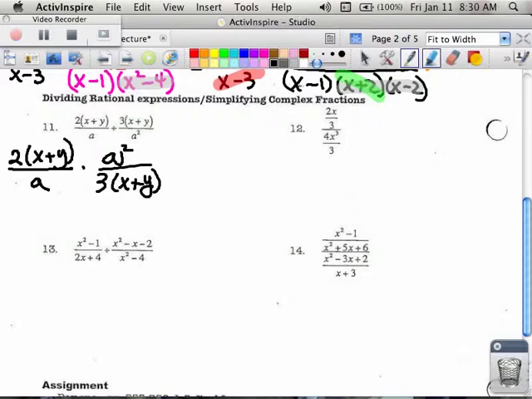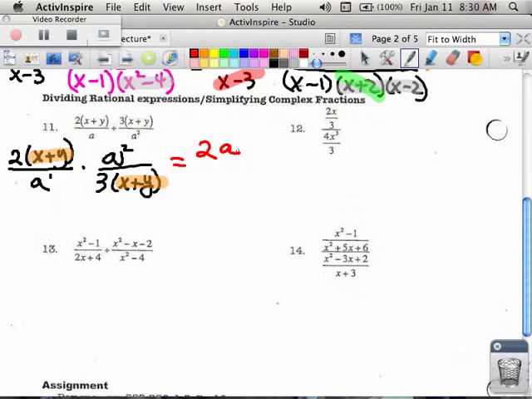You'll notice right away when you do that, that the x plus y's go away. You guys see that? And on the bottom, I really have a to the first power, and on the top I have a to the second power. That means left over in the numerator, when I simplify, I will see a 2 from the first fraction, and from the second fraction, an a.